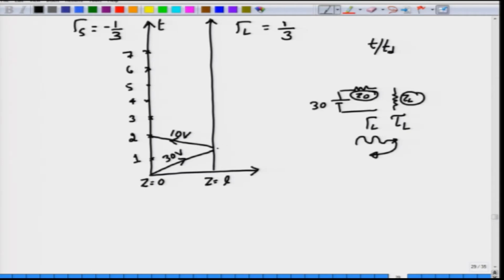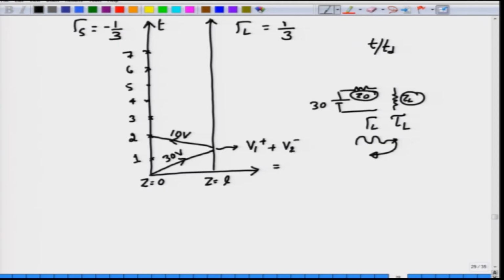Okay. However, at every point the total voltage on the line will be the sum of incident and reflected voltages. Therefore, because of the voltage continuity that you need to have, the voltage that you would see at the load will be equal to the incident voltage, which is V1 plus, plus the reflected voltage, which is V2 minus.